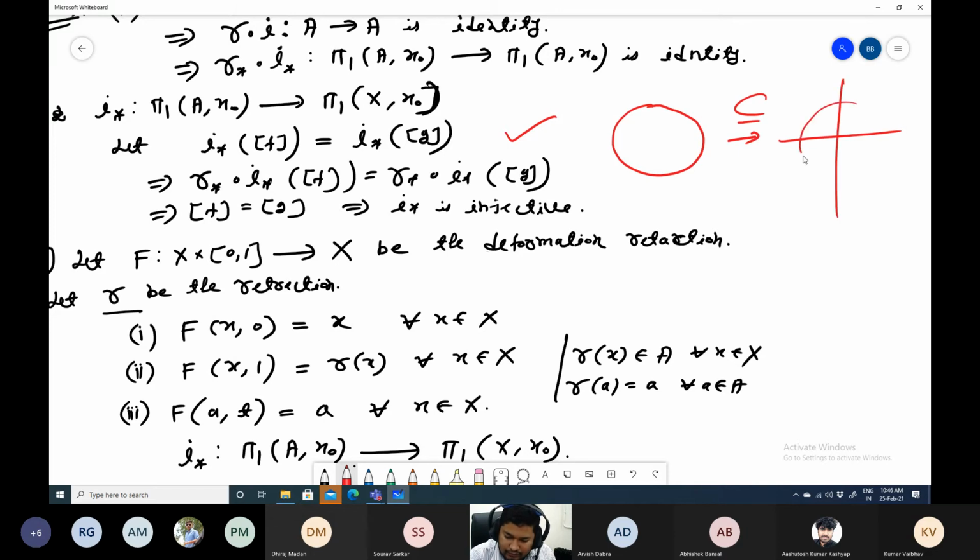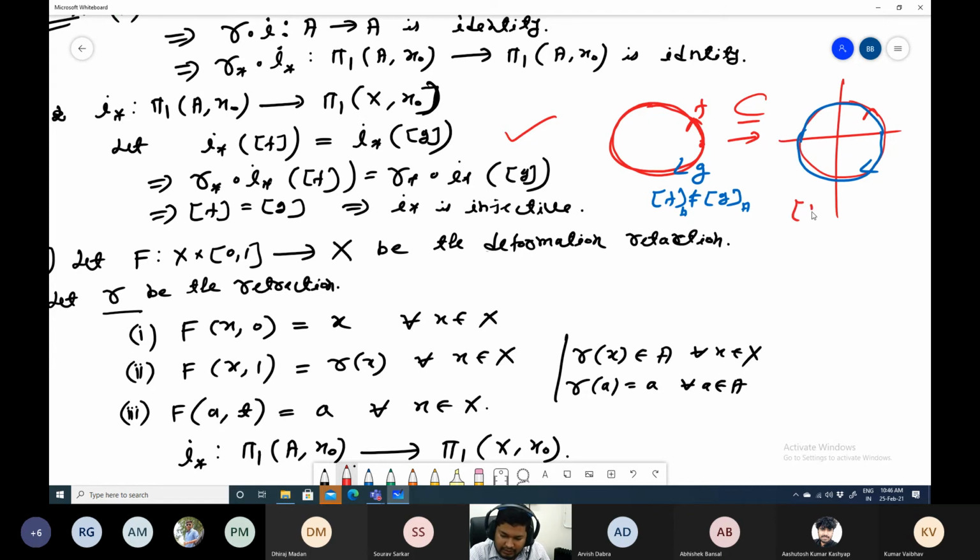Now if you have this path, say this is your path F, and say the reverse path is G. Note that F and G are not equal in A. But if you look at their inclusions, G moves in this direction and F moves in this direction, but both are null homotopic in R2.